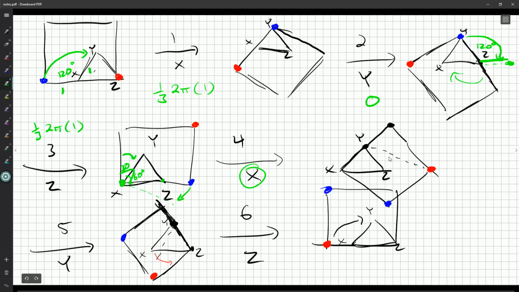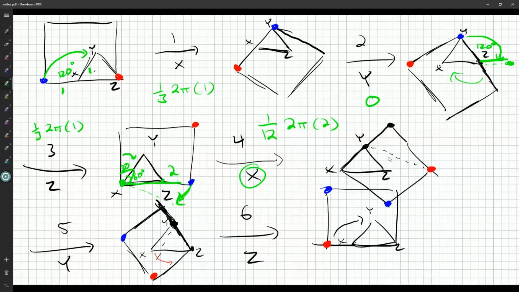But it's rotating around X. So that's going to be a distance of 2. So 30 degrees is 1/12. So we'll have 1/12 of a circumference, but now the radius is 2.